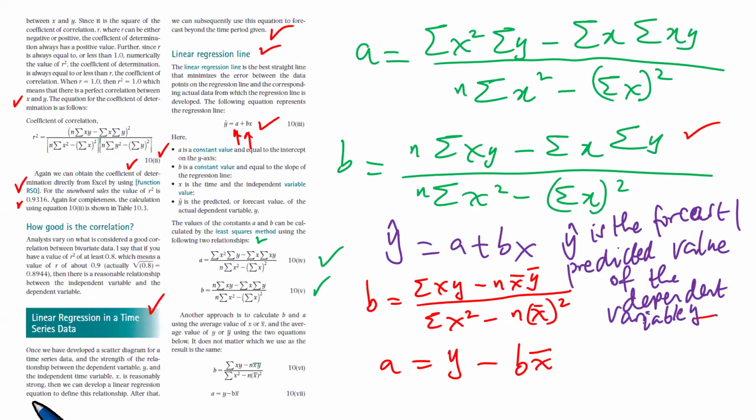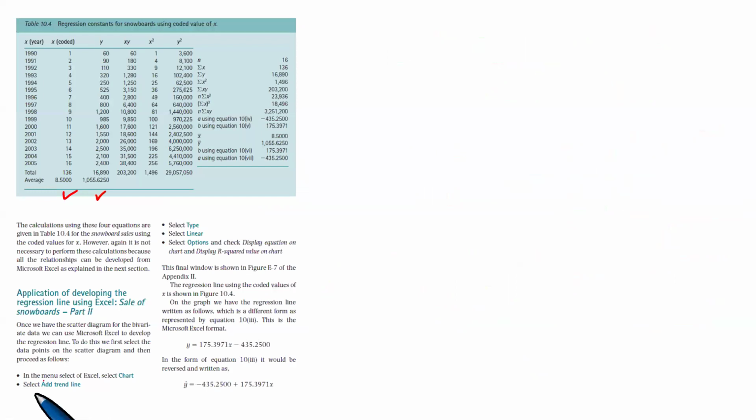The rest of the things we need to calculate are the sum of the products, the sum of the XYs minus n x bar y bar, and the sum of the x squareds minus n x bar squared. And A is y bar minus b x bar. We're just using these formulas now to find the A and the B using averages.